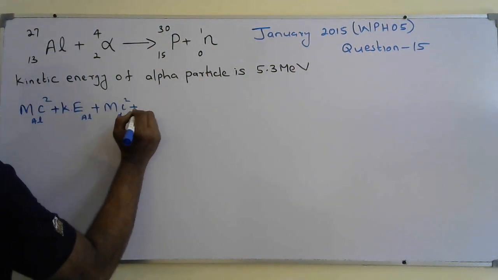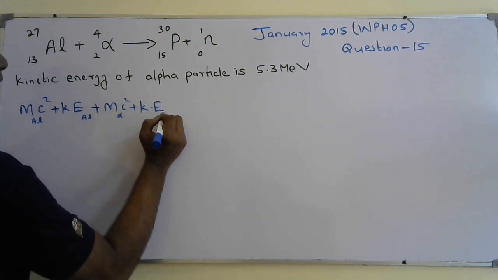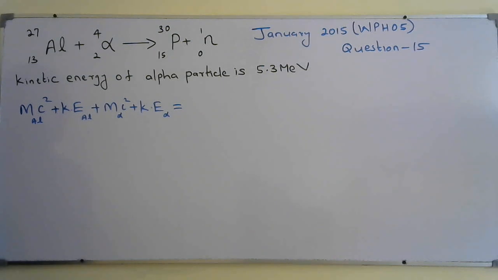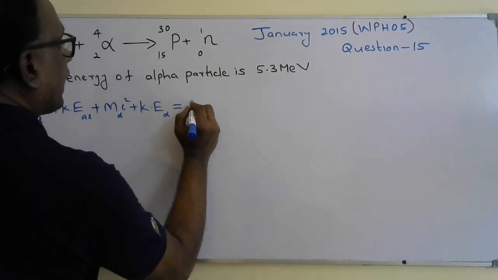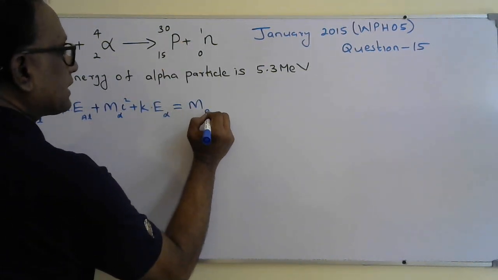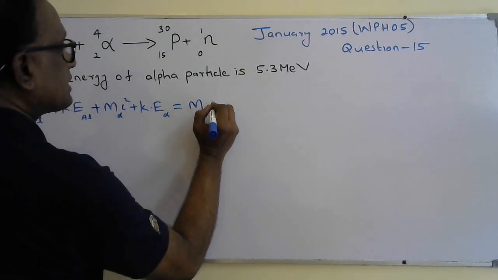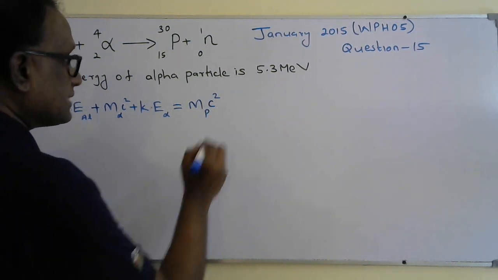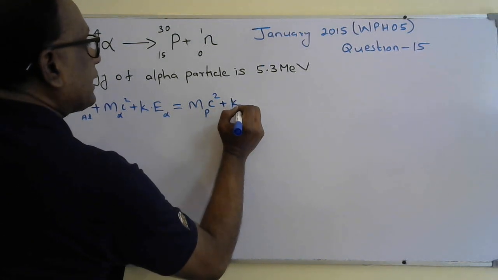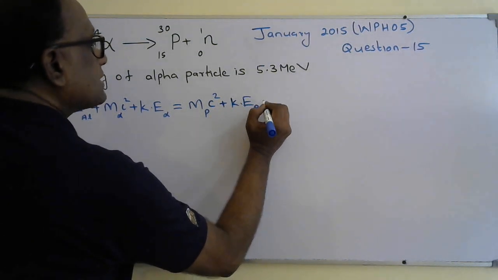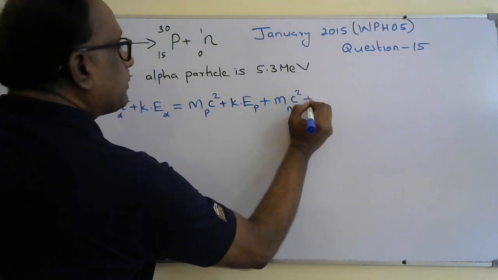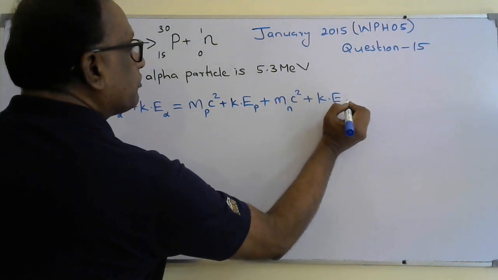plus kinetic energy of alpha, must be equal to the final total mass energy: mass of phosphorus, P stands for phosphorus, c squared, that is the equivalent energy of the phosphorus nucleus, plus kinetic energy of phosphorus, plus mass of neutron c squared plus kinetic energy of neutron.